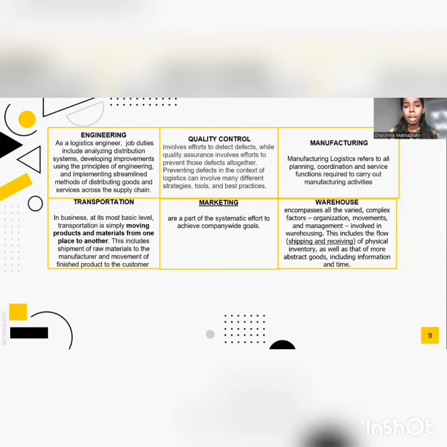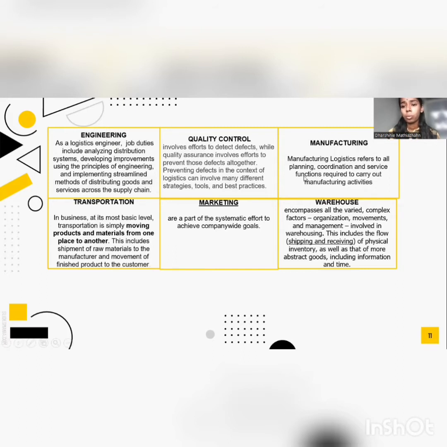Quality control involves efforts to detect defects, while quality assurance involves efforts to prevent those defects altogether. Preventing defects in the context of logistics can involve many different strategic tools and best practices. The third one is manufacturing.